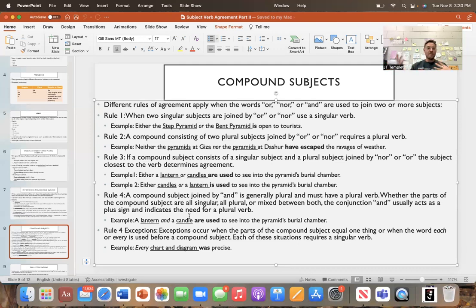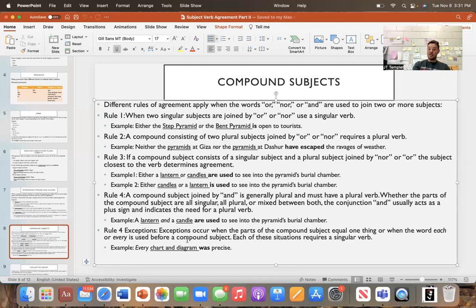Whether the parts of the compound subject are singular, like Claudia and Mark, or plural, cats and dogs, or mixed, in both, the conjunction and is going to indicate, for the most part, that it's like a plus sign. And so if you've got 1 plus 1, you no longer have just one thing, right? So it's plural. A lantern and a candle are used to see into the pyramid's chamber. We wouldn't say a lantern and a candle is used.